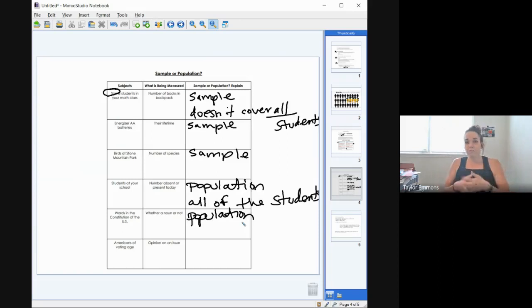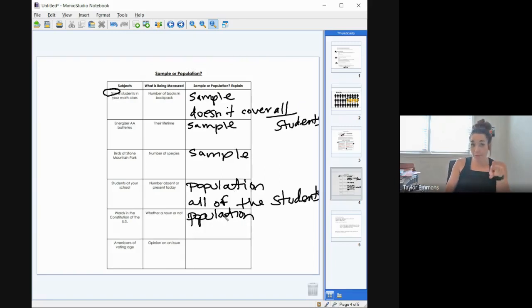Or slightly finite. It's not going to have any more, and unless you're talking about pieces of the Constitution, you're talking about the entire thing, right? So the entire population of words that is in the Constitution, that's what you're talking about. So you can pull out a noun or a verb and you can count how many there are.